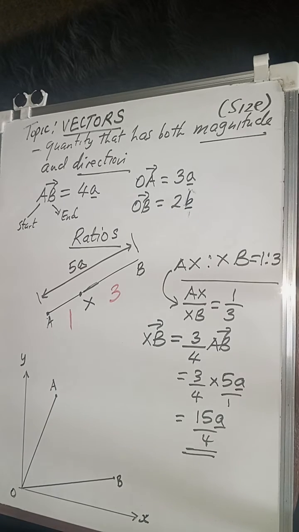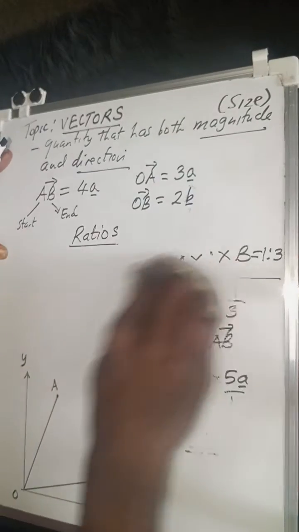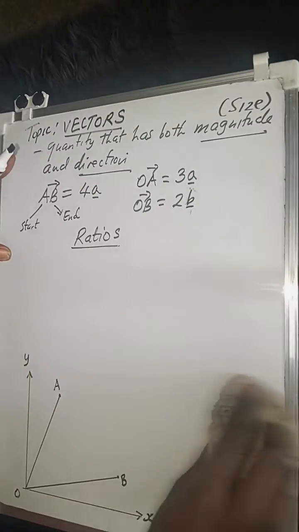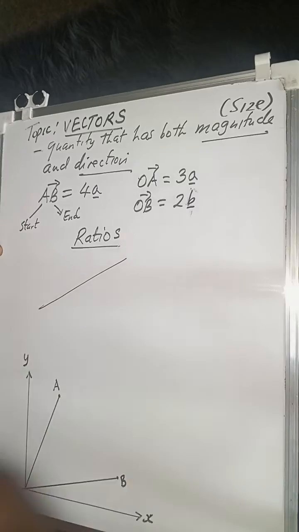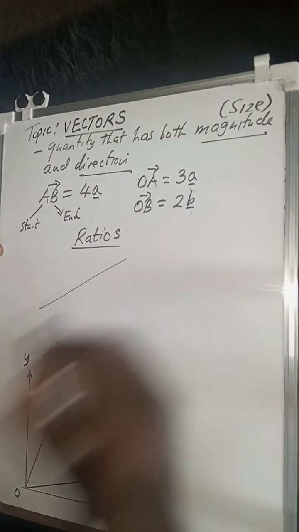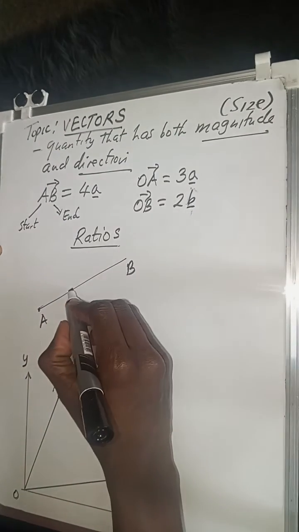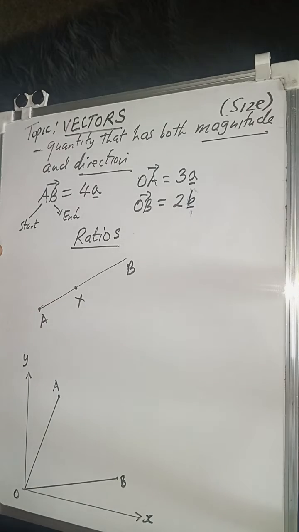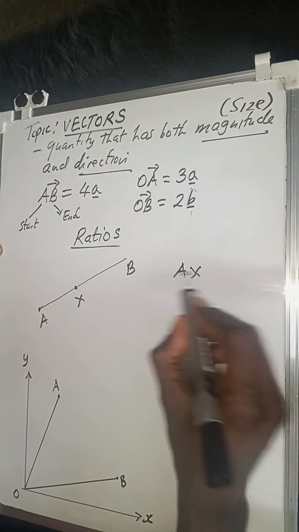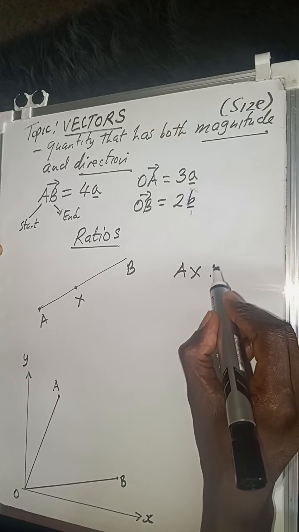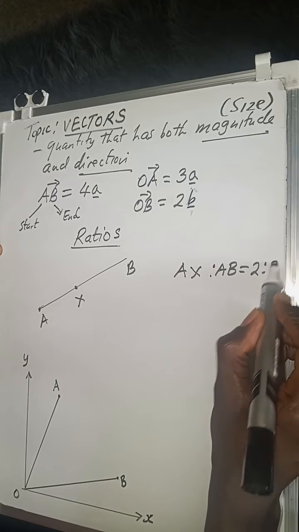Now, I want to give you another concept on ratios that you're going to be finding in your exam. Suppose again you are given the line, I'll simply say AB, and this time you are again given X. But I tell you that the ratio AX to AB is maybe 2 to 3.